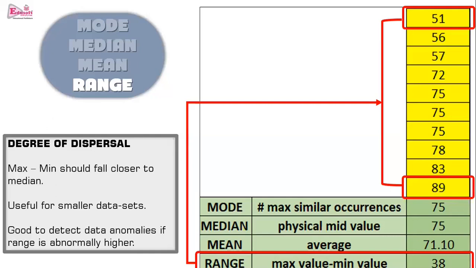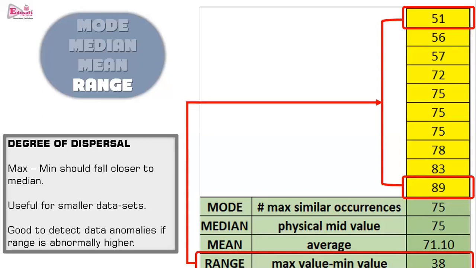A youngster would be, say, age 12, and an elderly person would be age 80. So 80 minus 12 gives me a bigger range. So a bigger range will convince me that during the survey, the participants were of all different ages. The youngsters were not left out, and the elderly people were not left out.